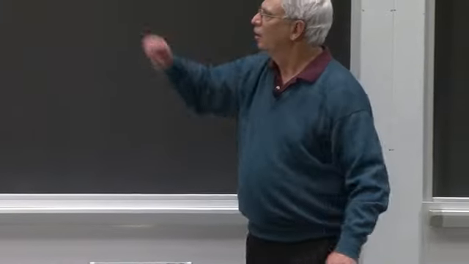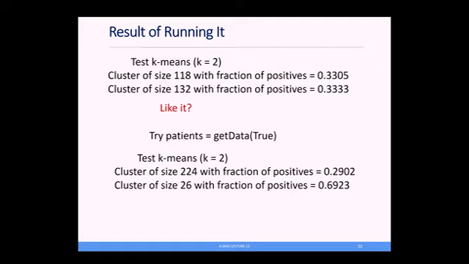All right. When I scaled, what we see here is that now there's a pretty dramatic difference. Right? One of the clusters has a much higher fraction of positive patients than the others. But it's still a bit problematic.